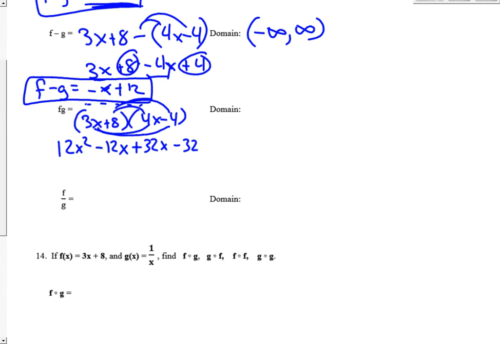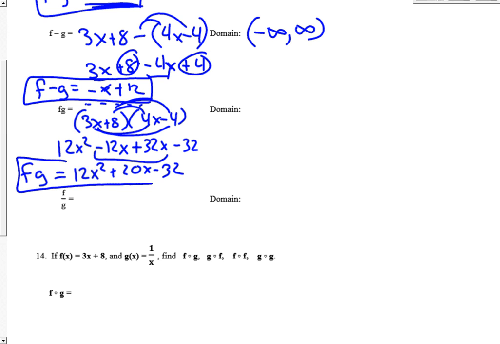So we have these like terms in the middle, and we're going to get 12x squared plus 20x minus 32. And so f times g is equal to that. We cannot do anything more with that. We don't want to factor anything out. We're done. Again, there are no restrictions from the original two functions, so our domain is going to be all real numbers.